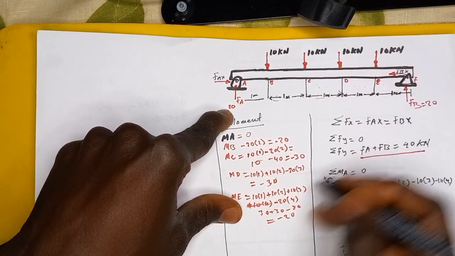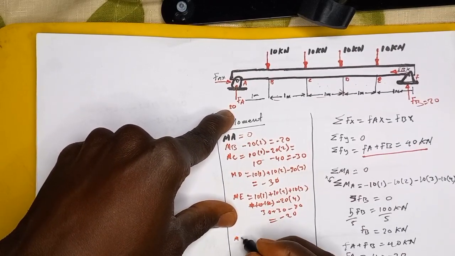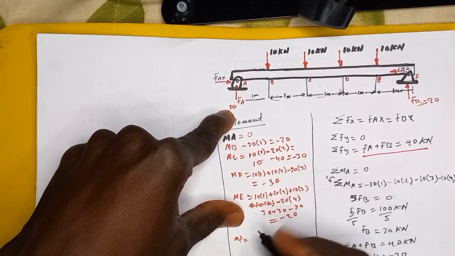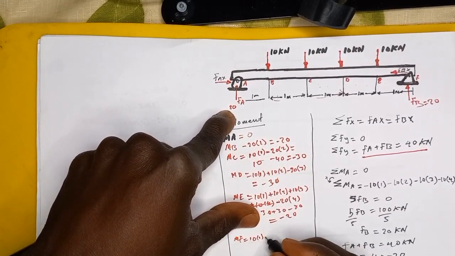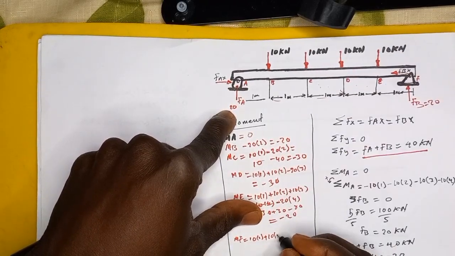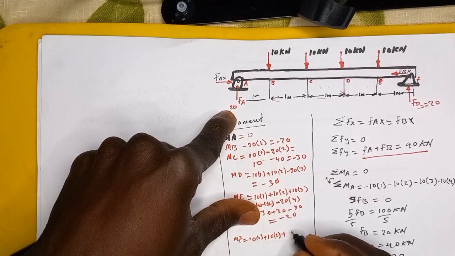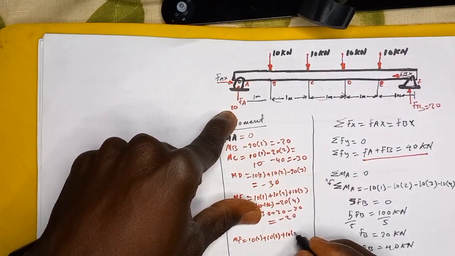The moment about this one, we have moment about point F. We have 10, 1 plus 10, 2 plus 10. Distance away here is 3.